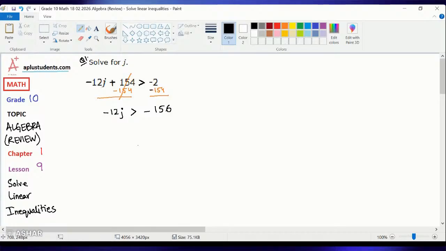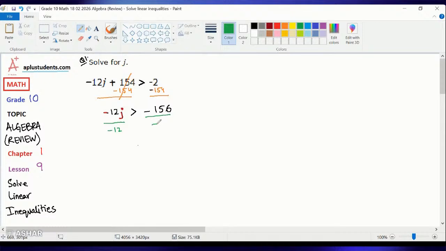Negative 12j is greater than, if both the signs are negative, we add them together, 156. Okay. What we need to consider in this question is that the variable has a negative sign, right? So we divide both sides by a negative 12.